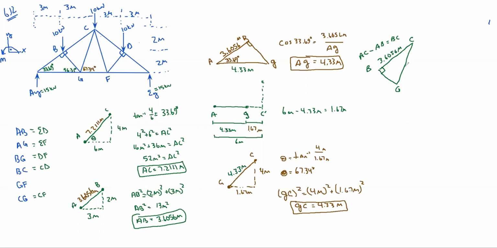We just calculated distance CG as 4.33 meters. So I can take the inverse cosine of 3.6056 meters divided by 4.33 meters. That gives me theta, which is this angle right here.